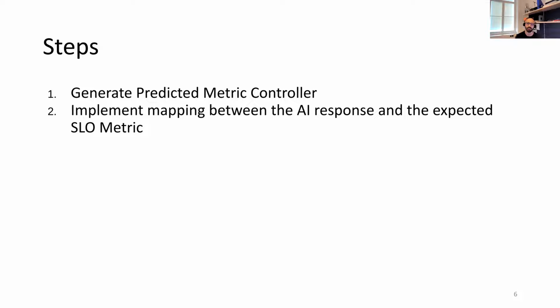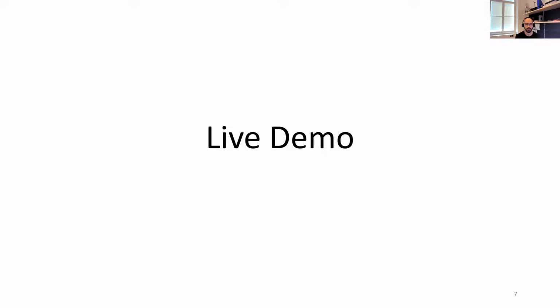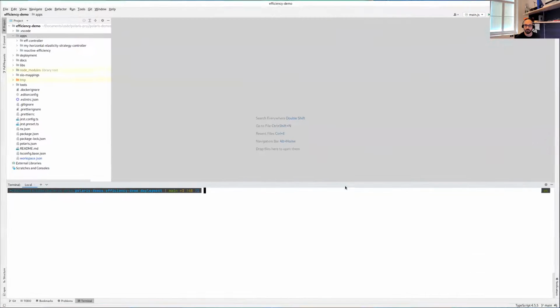This is done by developers that have knowledge about the infrastructure. We implement in the AI proxy the pre-processing of the queried data. We configure the deployment files, and then finally we can deploy it. I will now switch over to my code editor.